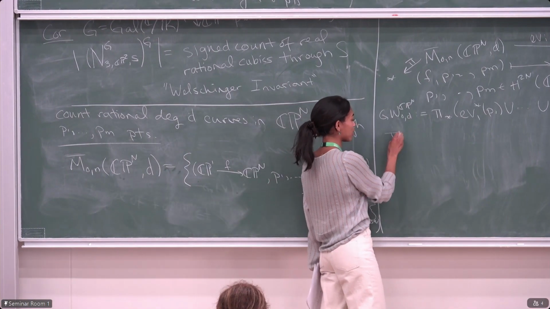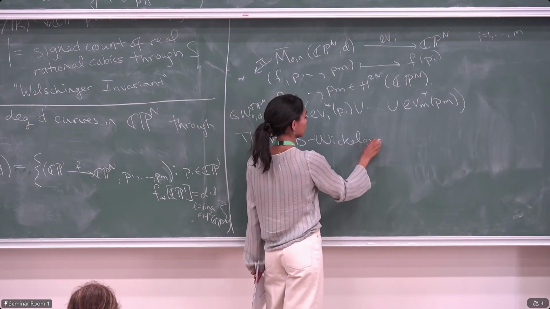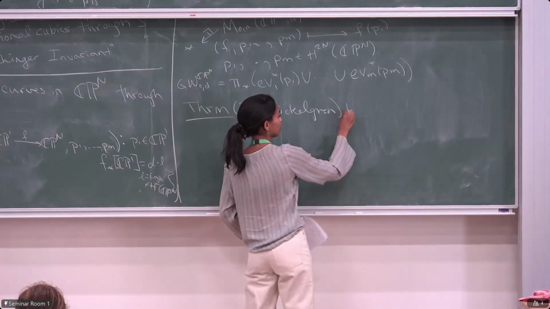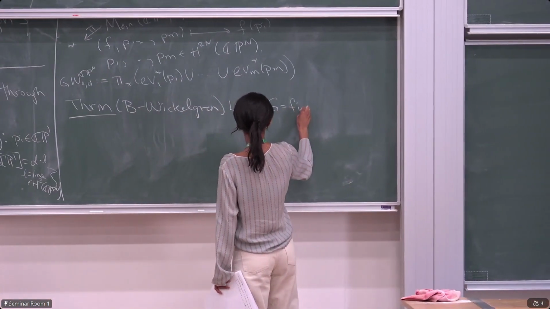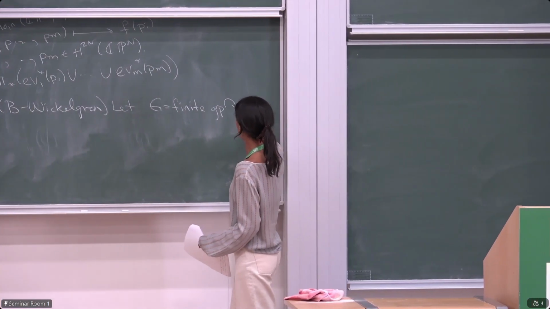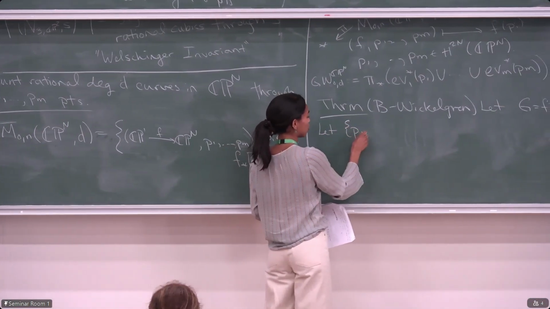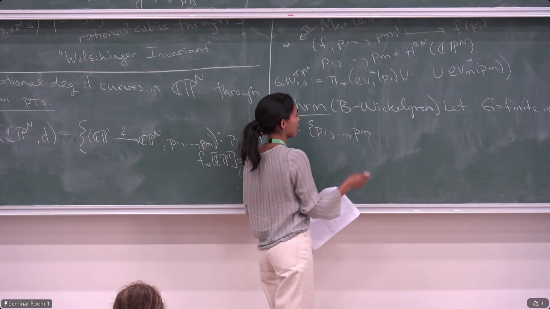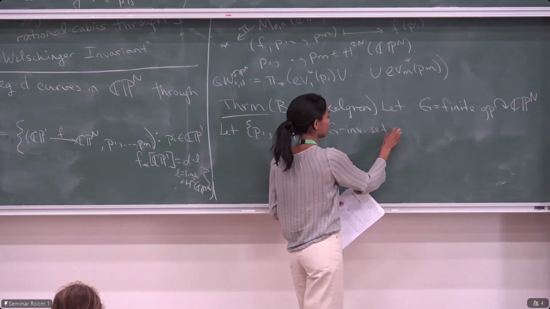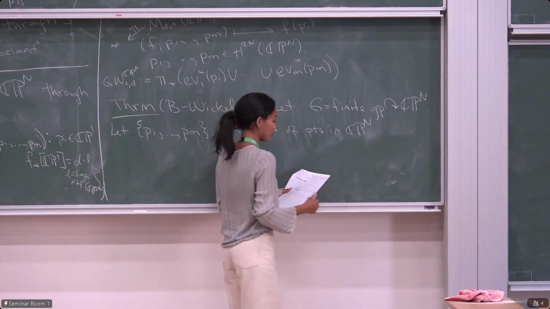So the theorem that I'm going to leave you with is: let G be a finite group acting on Pn, let P1 through Pm be a G-invariant set of points in Pn.